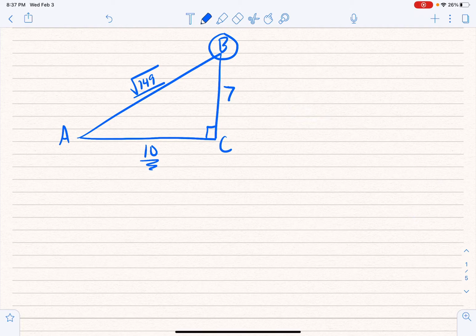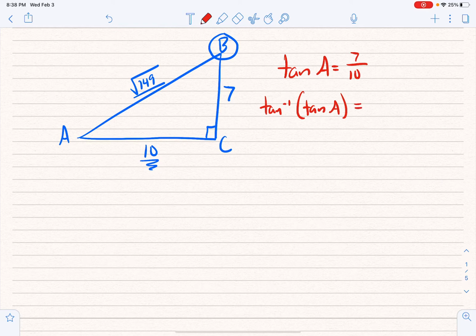So let's try this. Right now, just for the sake of fun, I'll use the 10 and 7, so that way I can just use tangent. And so I'll say the tangent of angle A is equal to opposite over adjacent. And if that's the case, then I can do the inverse tangent of both sides and say the inverse tangent of tangent A is equal to the inverse tangent of 7/10. The inverse tangent and tangent take care of each other, so I'd say that angle A is equal to the inverse tangent of 7/10.